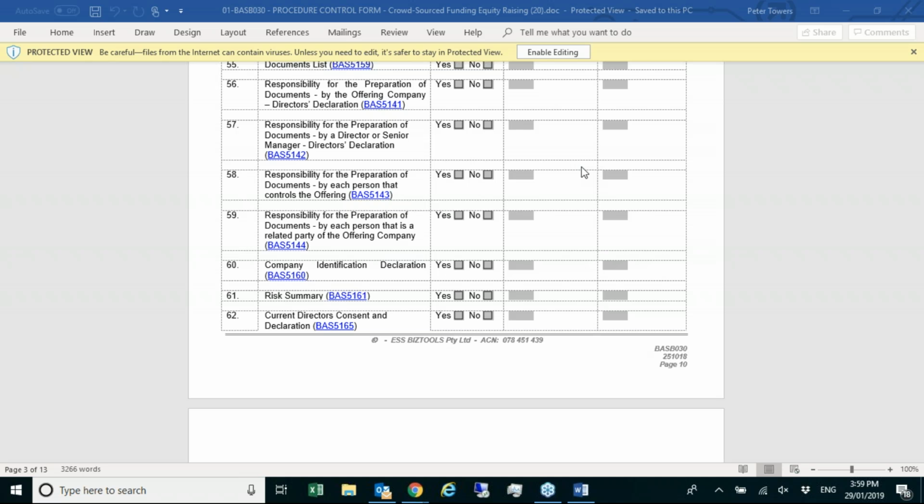To be honest, I can't find it in the legislation, but they tell me ASIC's agreed to this. I suspect in the contracts that they will give a credit in most cases. And again, a lot of this depends on how much capital's raised, therefore how much their fee is going to be. But it's the mobilisation fee or the getting started fee or whatever you want to call it.